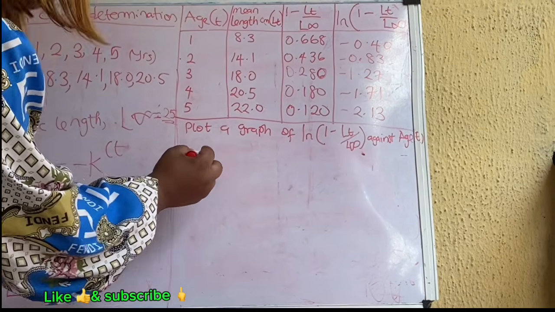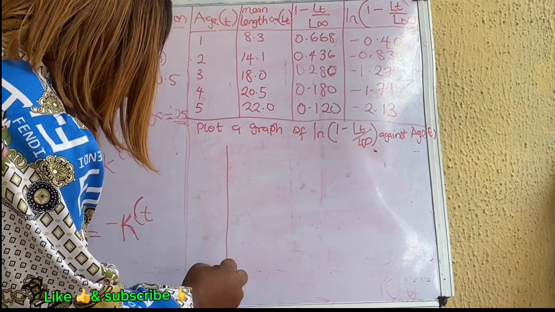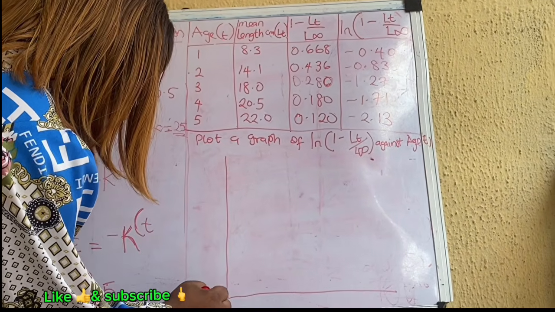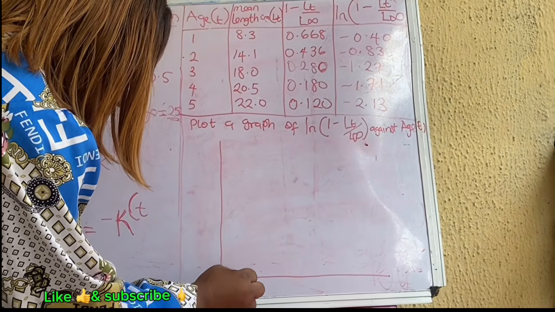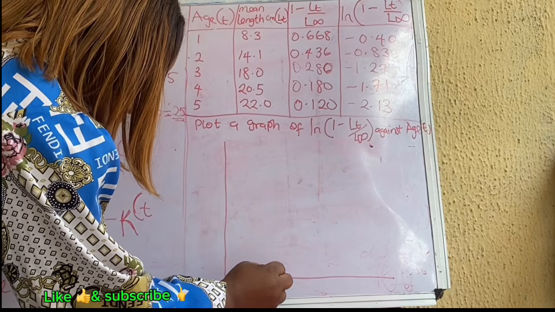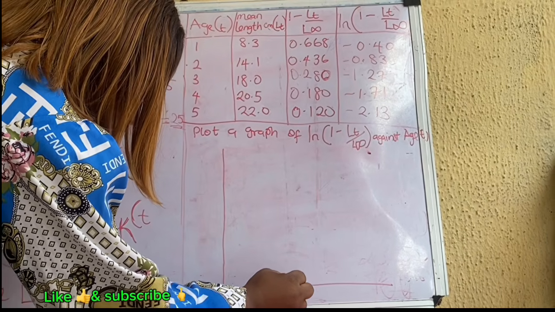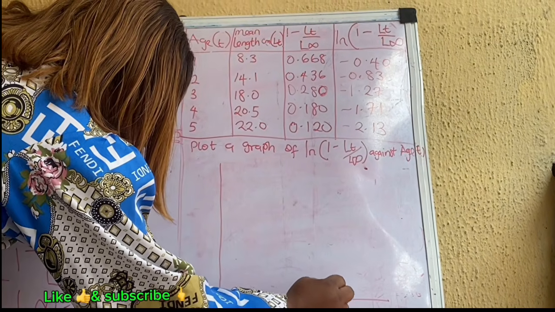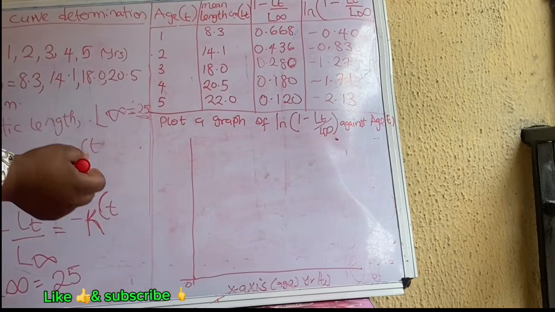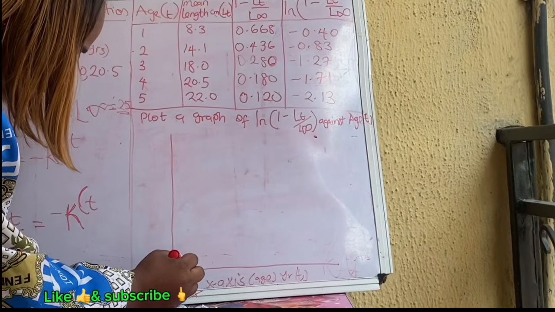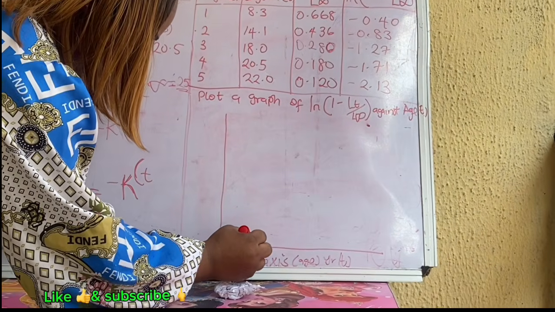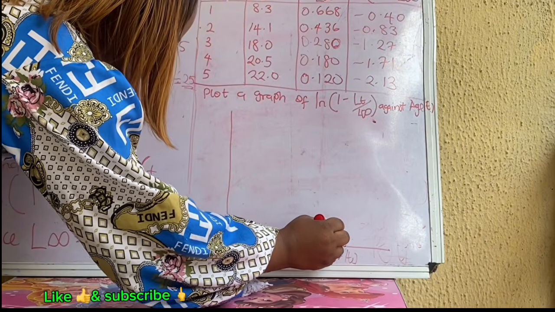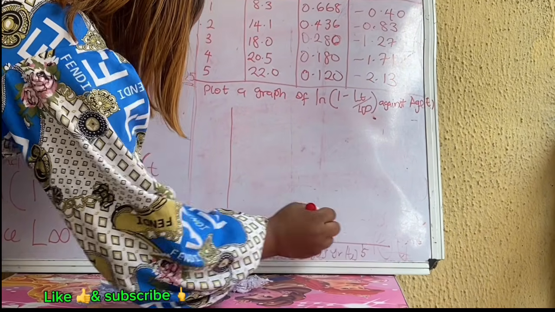So this is zero. This is your x-axis: age, or year, or t. Then this is age 1, age 2, age 3, age 4, age 5.